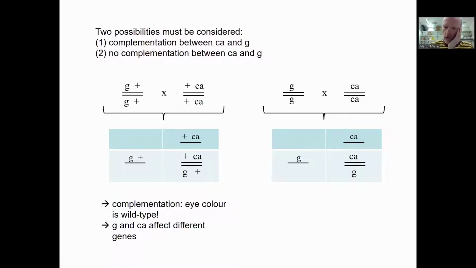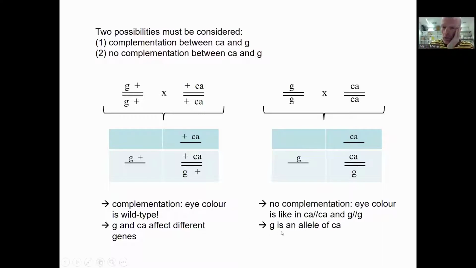If the eye color is identical to the parental, then there is no complementation between G and CA, meaning G is an allele of Claret. Everybody understood? I guess so. Very simple. Complementation cross.